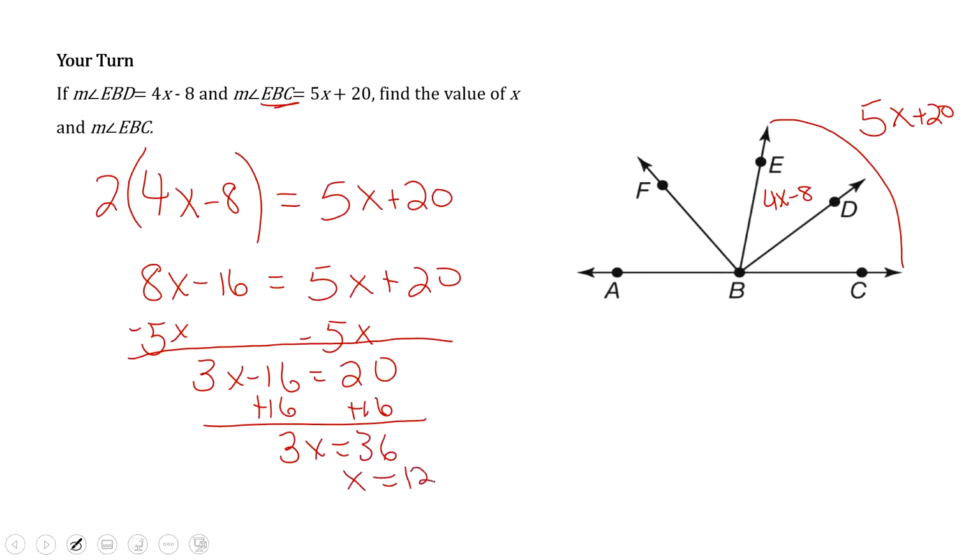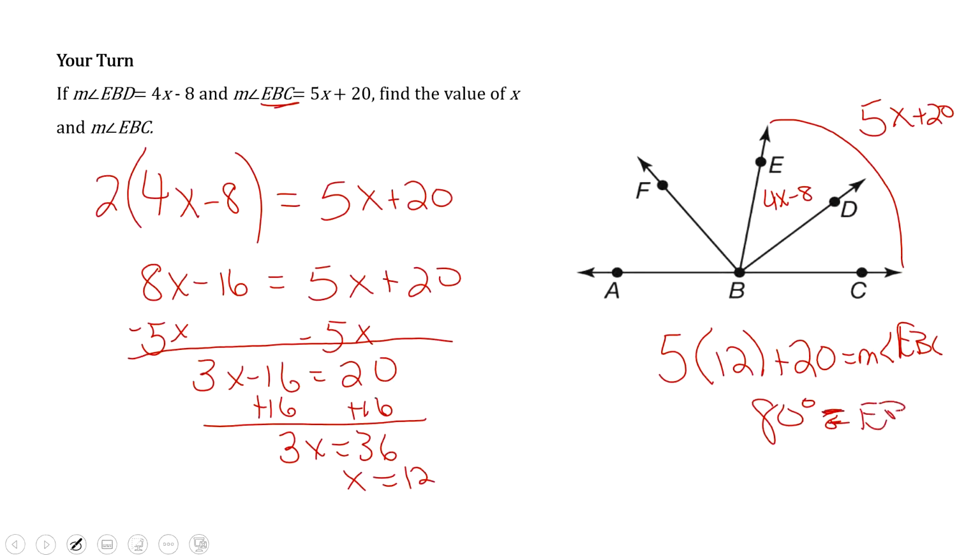So we got half our answer. x equals 12. We plug that back into our whole equation. We end up with 5 times 12 plus 20 is going to equal the measurement of angle EBC. We know that works out to 80. So it's 80 degrees. So angle EBC equaled 80 degrees.